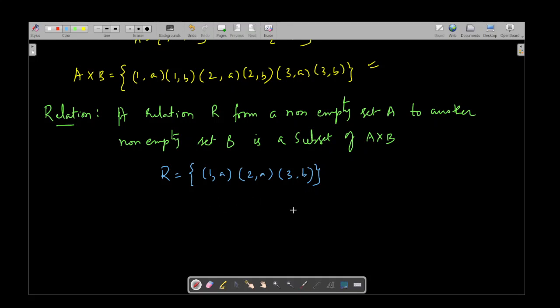Another way of representing this relation is to represent the elements of A and B inside circles.